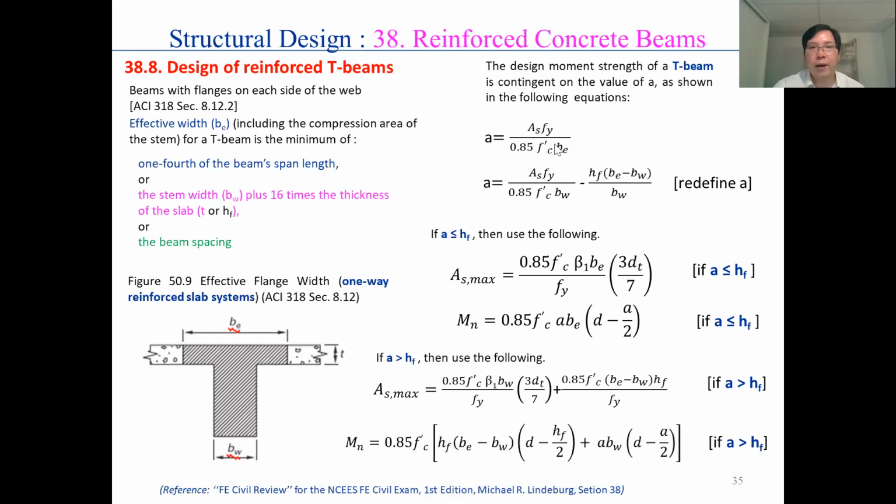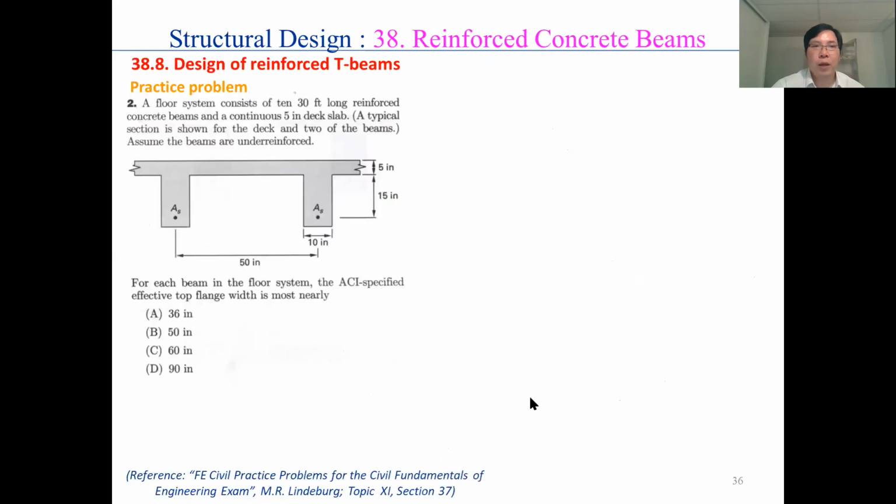So you can calculate a by the equation, and after, if a is inferior to h_f, you can calculate A_s max and Mn, and if a is superior to h_f, you can calculate A_s maximum and Mn following two equations written in this slide. So now I show you the practice problem for the T-beam.